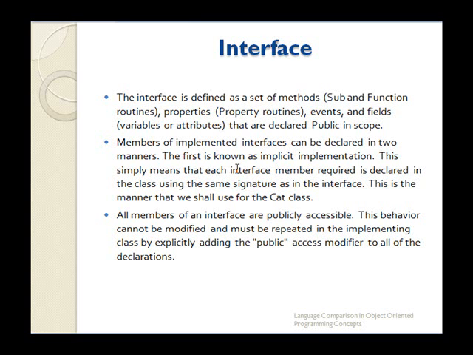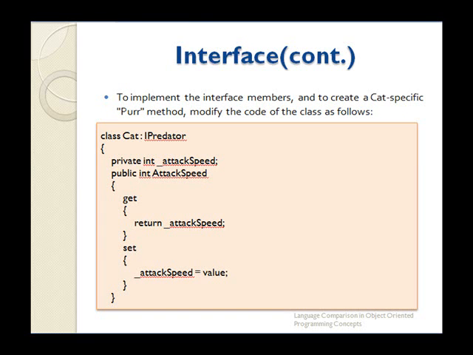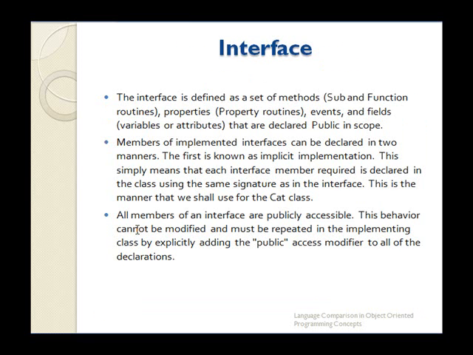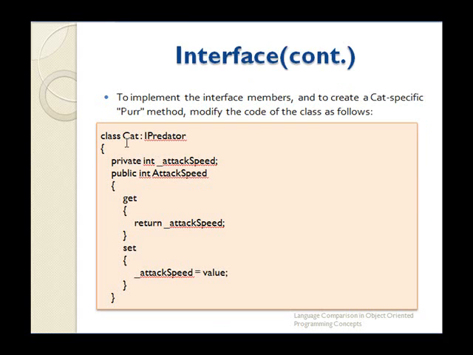This is the manner that we shall use for the Cat class. All members of an interface are publicly accessible. This behavior cannot be modified and must be repeated in the implementing class by explicitly adding the public access modifier to all the declarations.